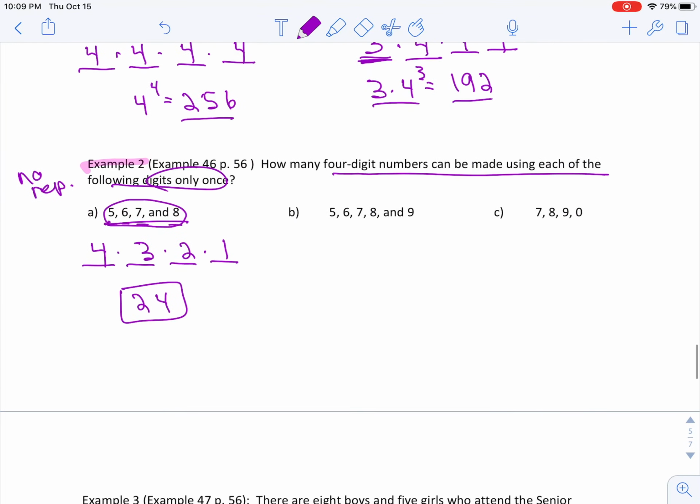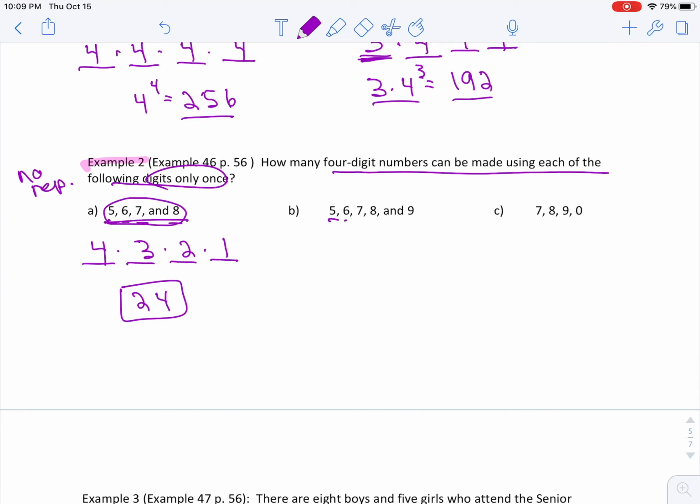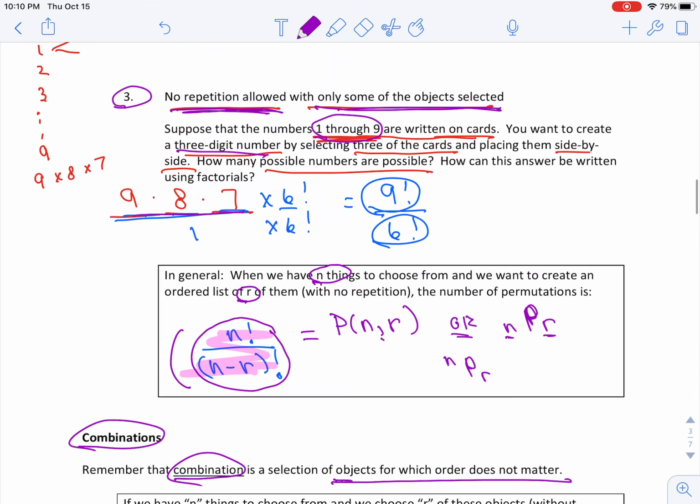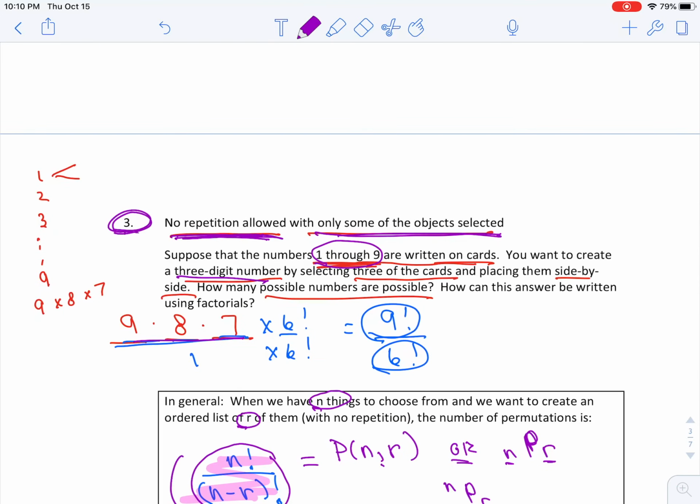In the next problem, we have 5 numbers to choose from, but we're only making a 4-digit number. This one is going to be like the third type, where no repetition is allowed, but we're only taking some of the objects. We're only taking 4 of them.